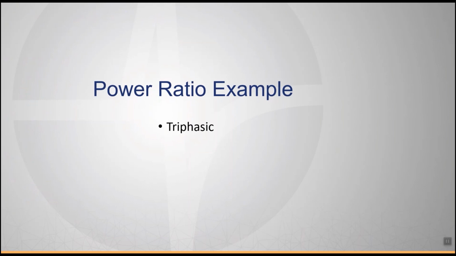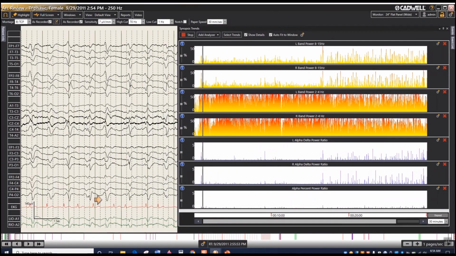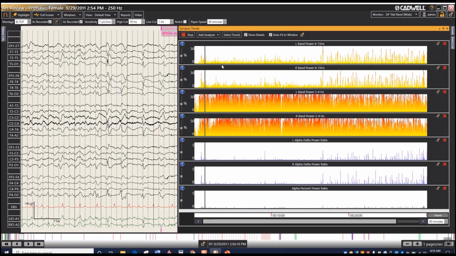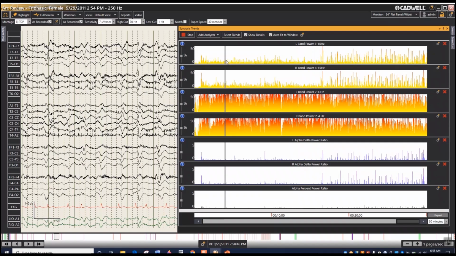Again, I don't have a good vasospasm example, so I'm going to show you some triphasic waves. And this study, although it is not what alpha delta ratio would normally be used for, is interesting nonetheless. So I included the band power up at the top just for reference. If you look at this example of triphasic waves, when I place the cursor early in the record, you see a significant amount of triphasic waves.